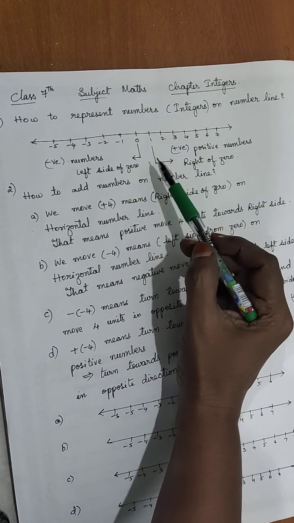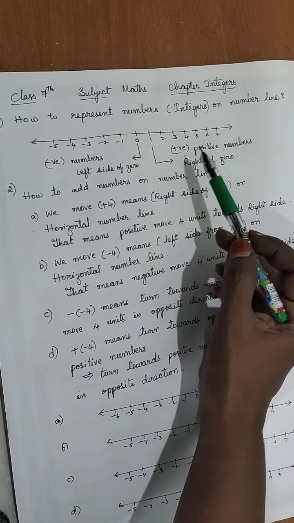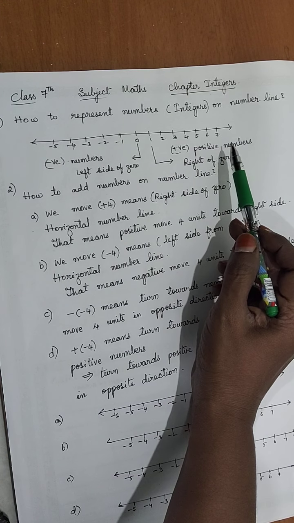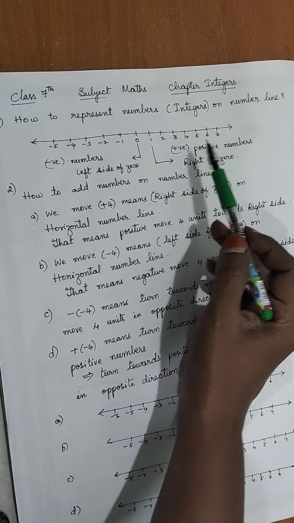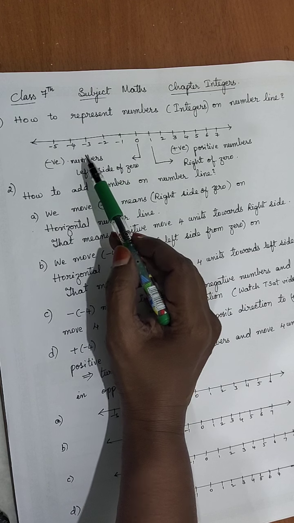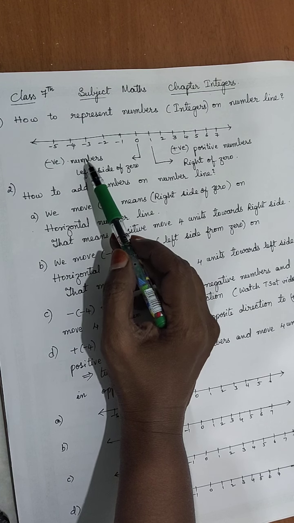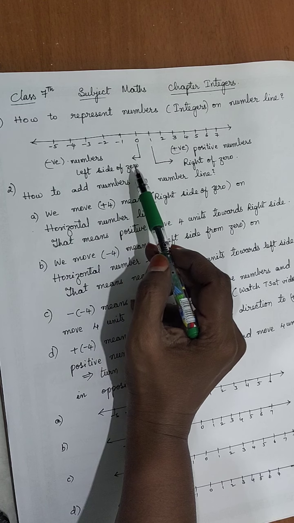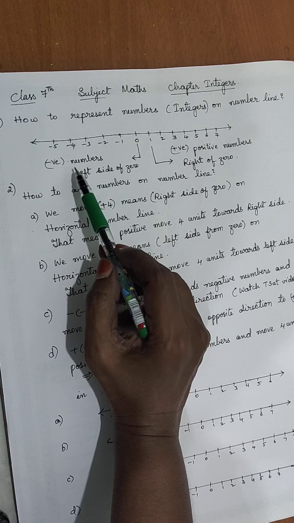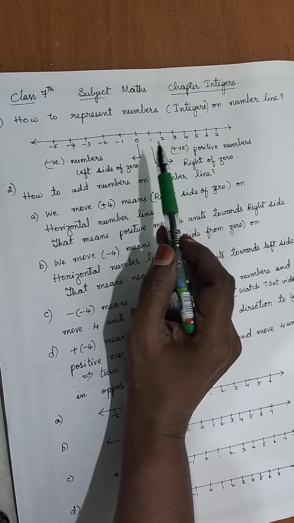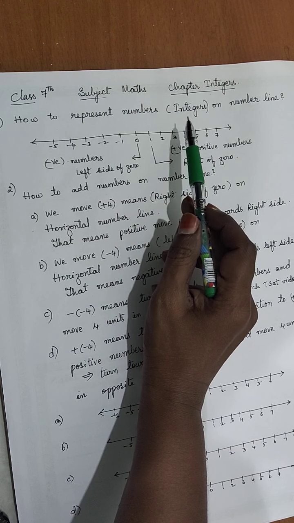So 1, 2, 3, 4 and so on, on the right side of the number line, represent positive numbers, and -1, -2, -3, such numbers which are negative numbers on the left side of 0, represent negative numbers. So negative numbers, positive numbers and 0 on the whole form the group of integers.